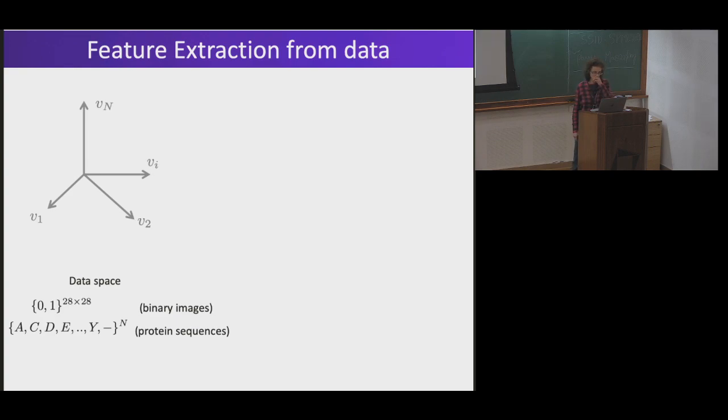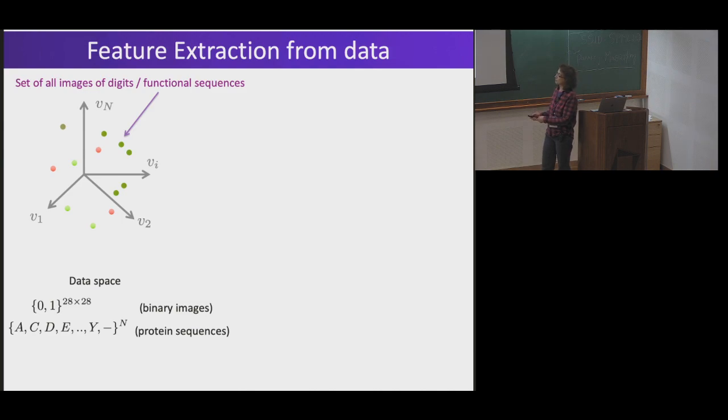And in the case of proteins, this is a larger space because there are 20 amino acids for each site, so it's a space of dimension 20 to the power n. So sequences, again, can be represented by points on this multidimensional space.